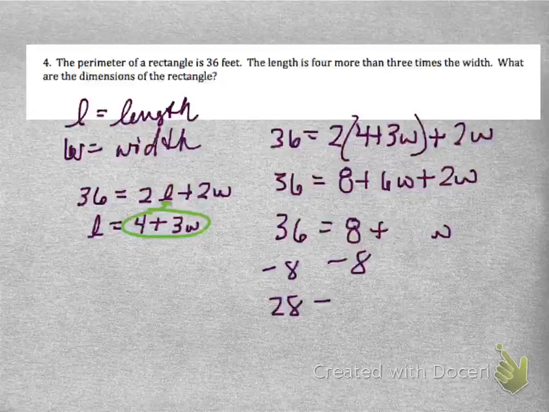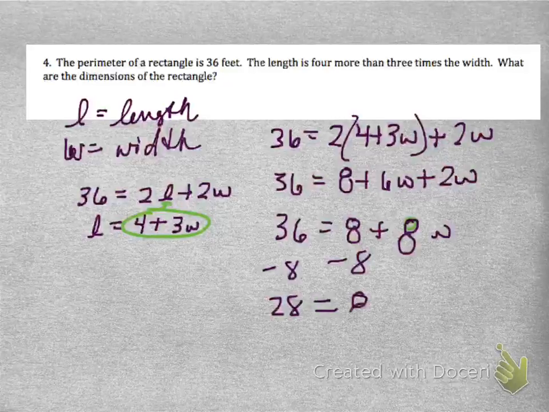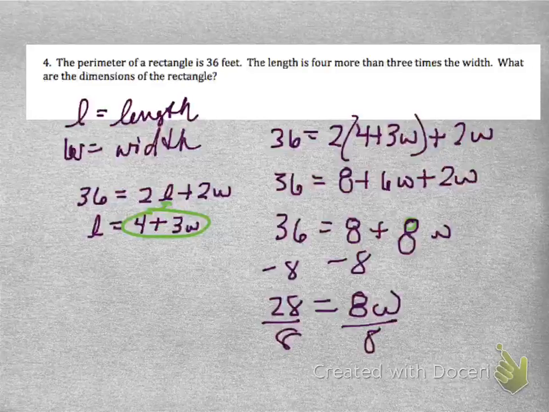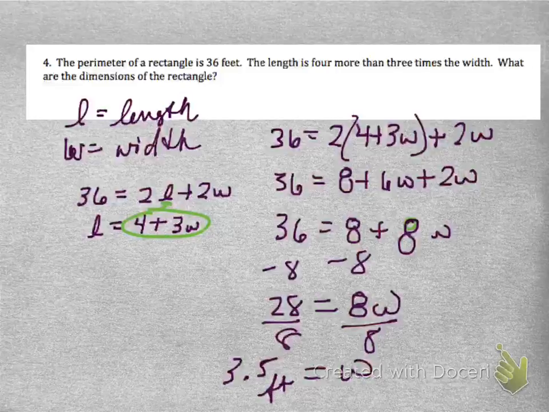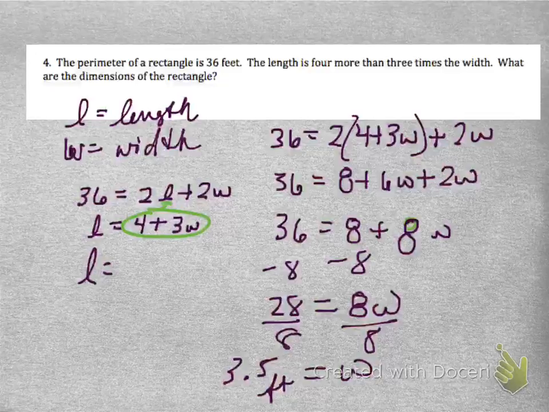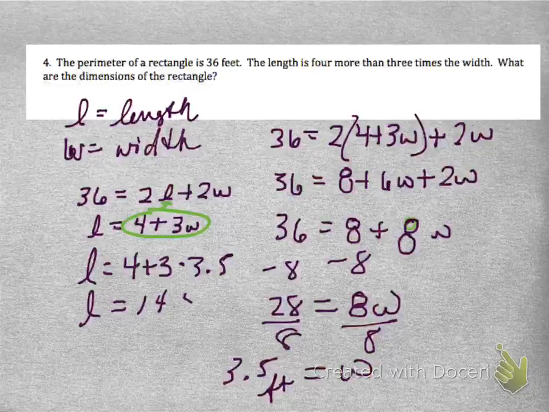And we get that the width is 3.5 feet, and we'd want to plug that back in to one of the equations, or to that next equation. So I get 4 plus 3 times that 3.5, and that gives me a length of 14.5 feet.